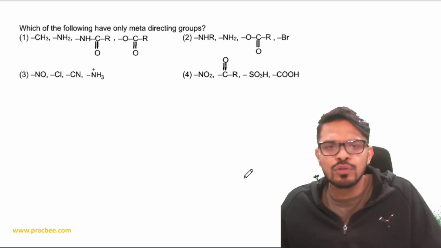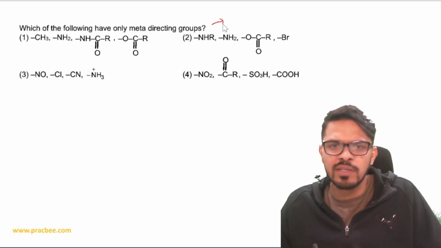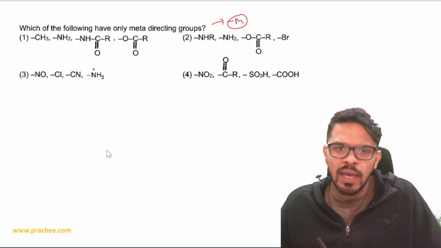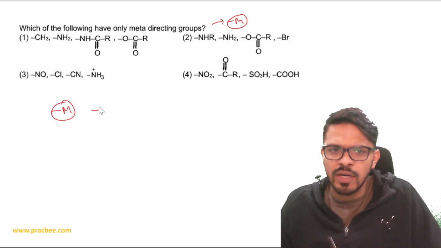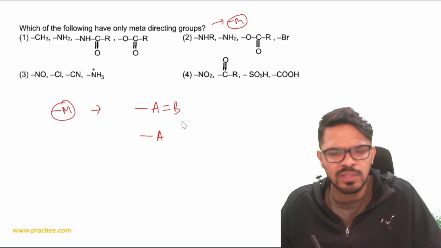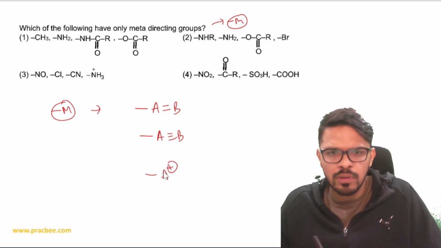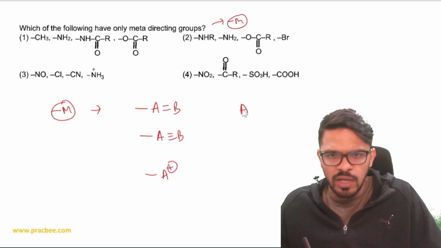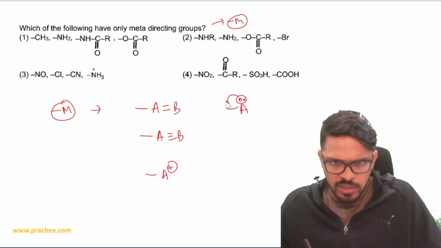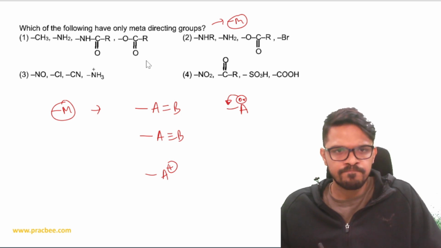Meta-directing groups are those groups which basically have -M. And how do we determine -M? We should have something like this: A double bond B connected to a benzene ring, or A triple bond B, or A positive. And we should not have something like a lone pair, because it is activating.